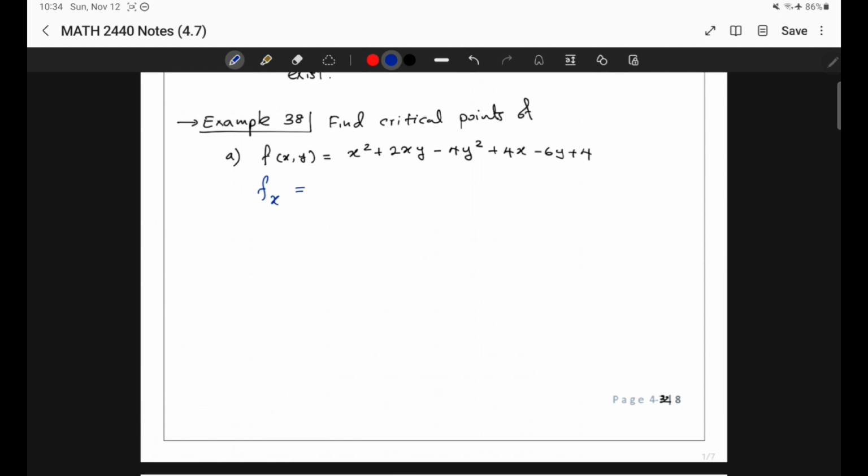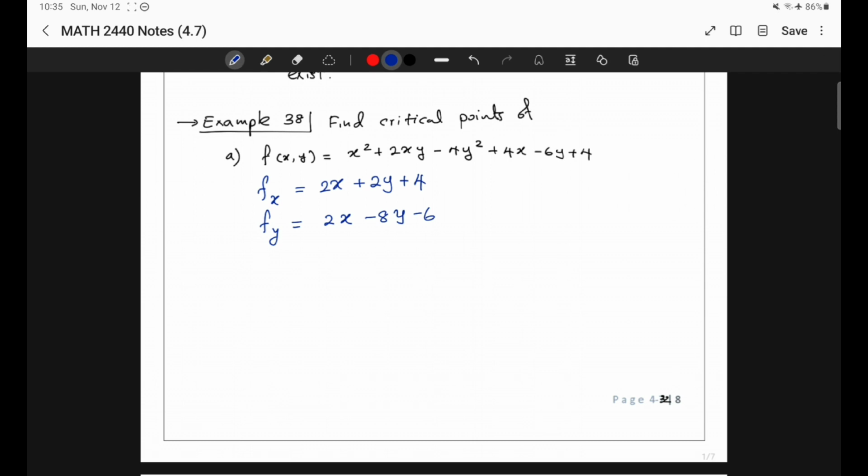Differentiate with respect to x, you get 2x plus 2y plus 4. Then the partial derivative with respect to y is 2x minus 8y minus 6.